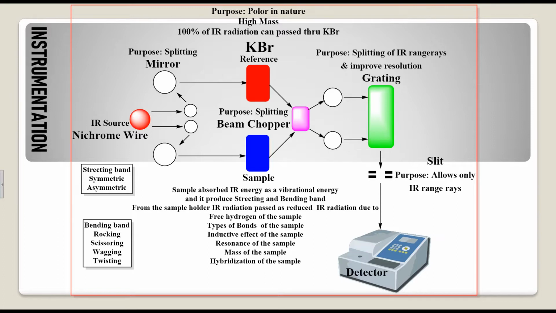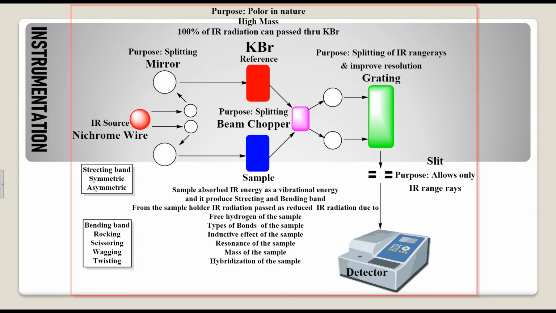And there is a grating, which is used to improve the IR radiation resolution. And there is a slit, which is used to allow only IR range radiation into the detector. Finally, the detector is used to produce the spectrum of IR. These are the different parts and their functions.